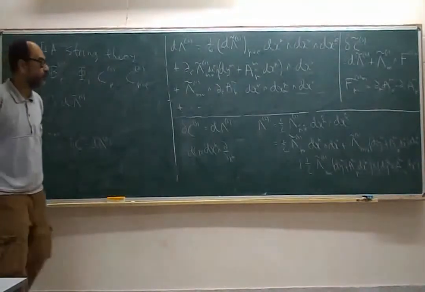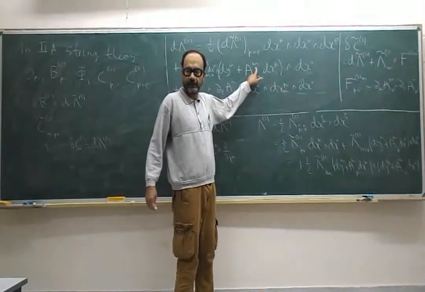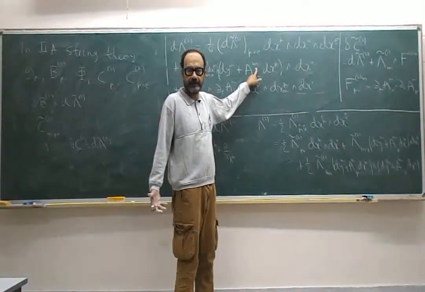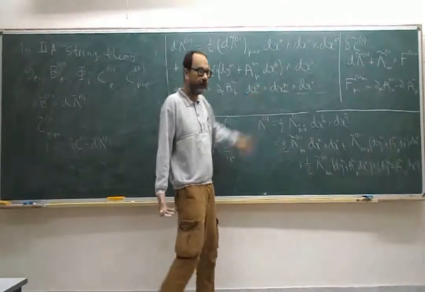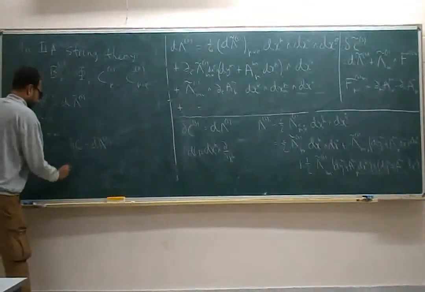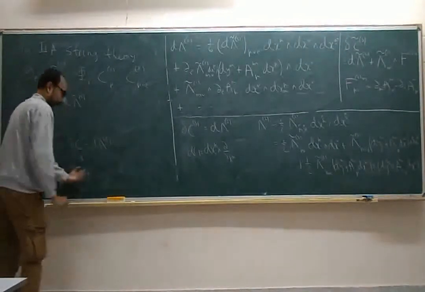That's the A mu. This one, A mu takes only one value. A mu transforms like a gauge field, no anomalous transformation in the A mu. So C1 we have to identify with A mu. This came from the metric.